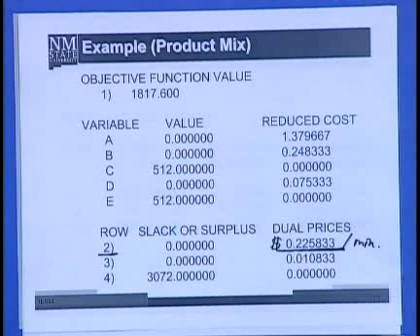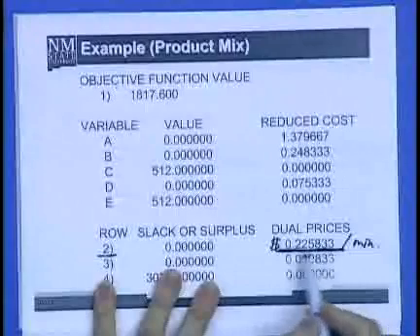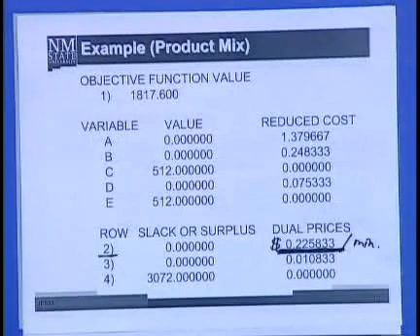Okay? However, if they pay less than this amount for an additional minute, then the net change in the profit would be positive. Does that make sense?